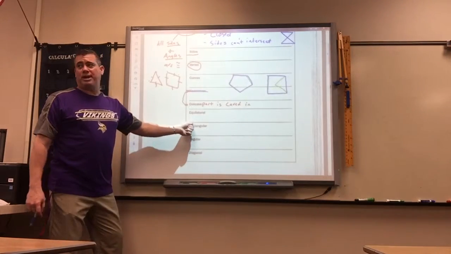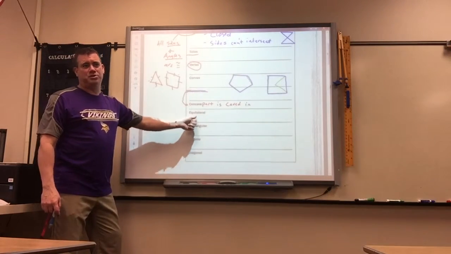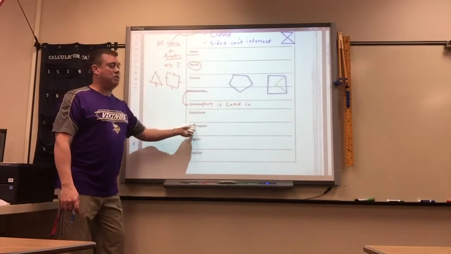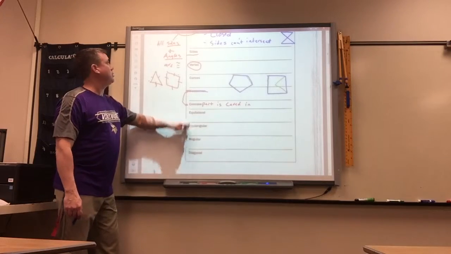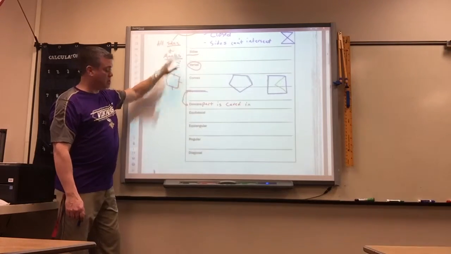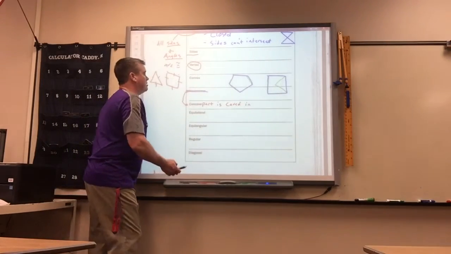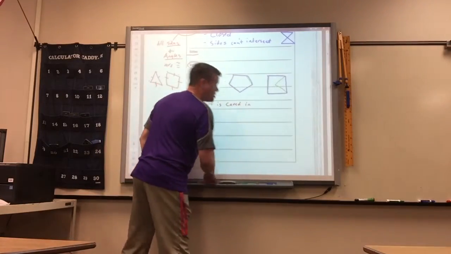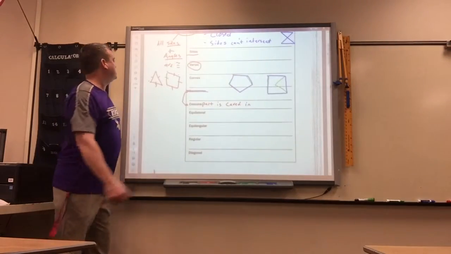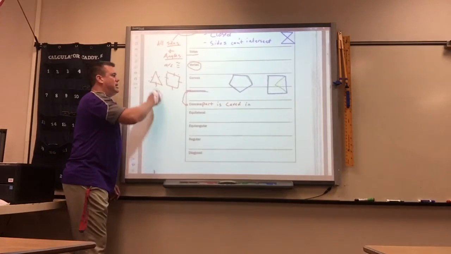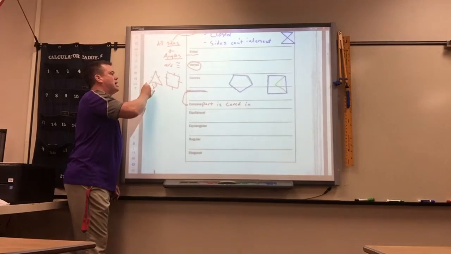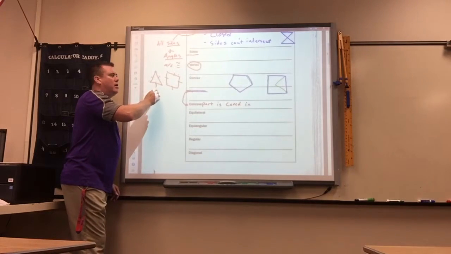Okay, equilateral, you guys all know, right? Equal sides, lateral means sides. Equiangular, equal angles. Regular, we already talked about, all sides and angles are the same. A diagonal is just connecting the vertices. In a triangle, there are no diagonals, because if I go from here to there, it's a side, and there to there, it's a side.